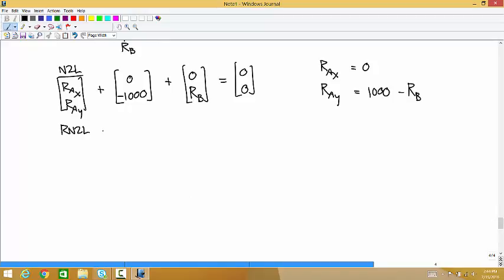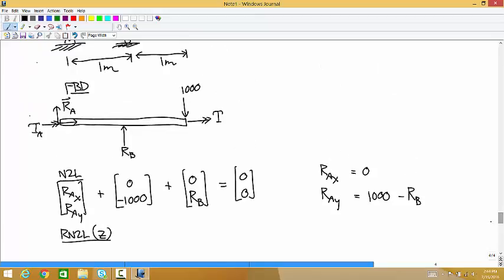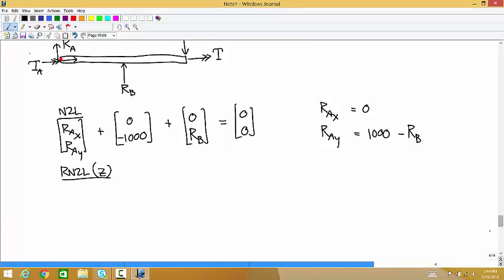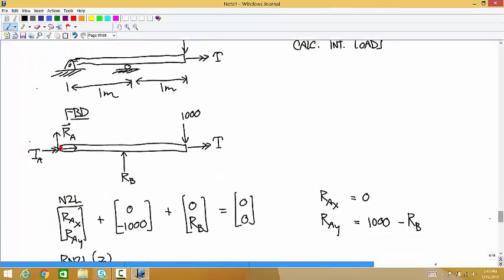Then the moment equation about the z-axis. I'll do my about point at the left. There's no moment produced by RA for this about point. RB has a moment arm of 1. And is that clockwise or counterclockwise? Counter, so that's positive. And then the 1,000 has a moment arm of 2.